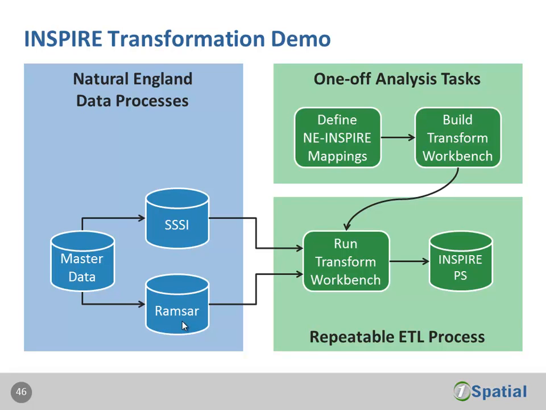One of the processes that we've put together and presented at a number of the AGI events recently is looking at moving data from one repository through to Inspire conformant GML. And FME has a series of new capabilities in that area since FME 2012.